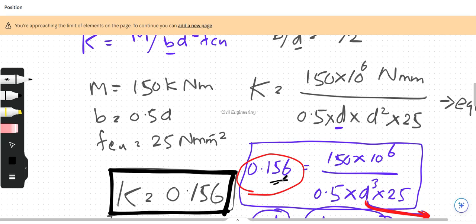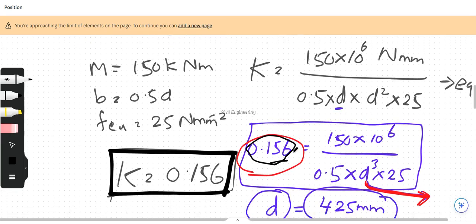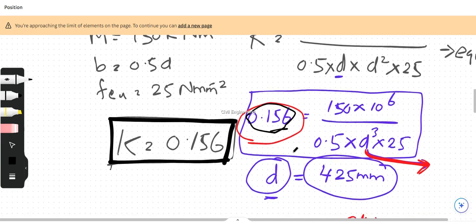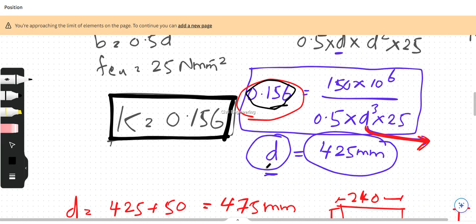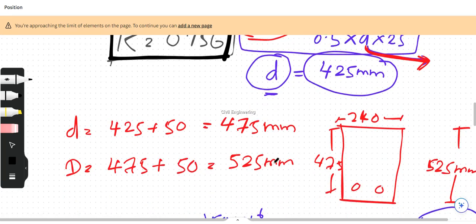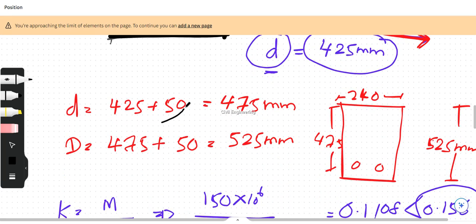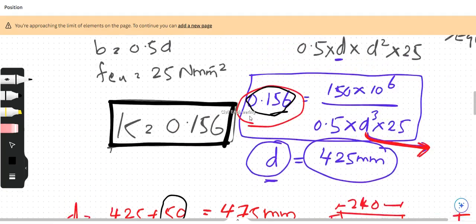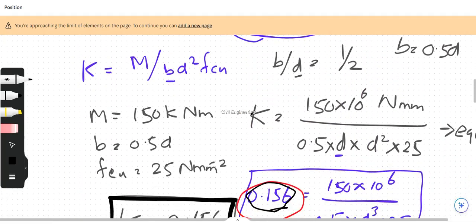That is the maximum value to be a single reinforced section. To be 0.156, I found the effective depth. This is the minimum effective depth. We can use any value greater than this d. As a safety factor, I use 50 millimeters, and I use effective depth as 475 and total depth as 525.